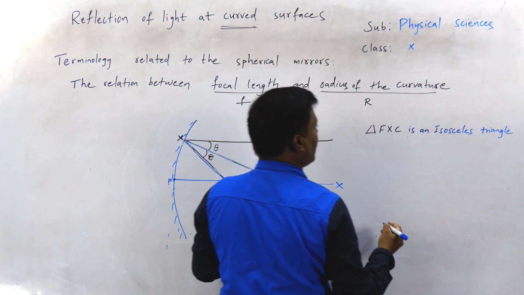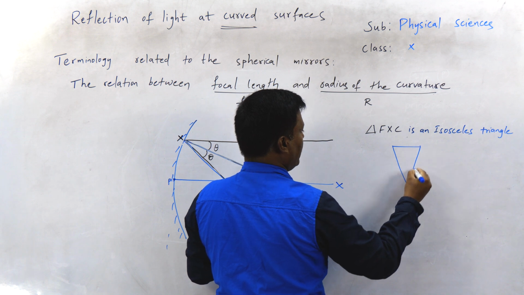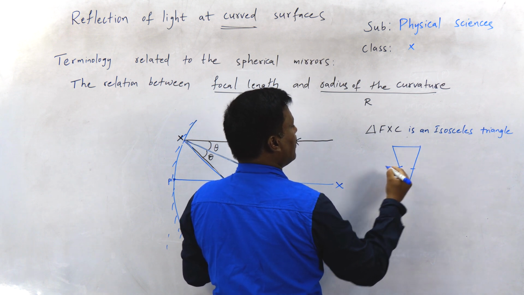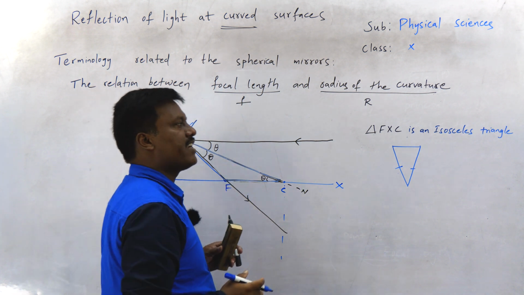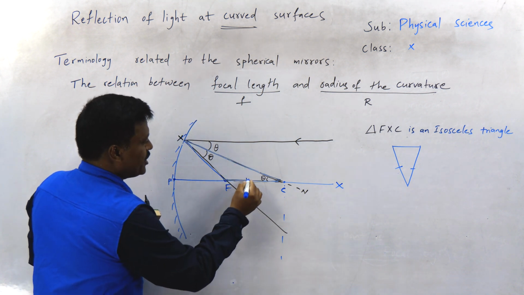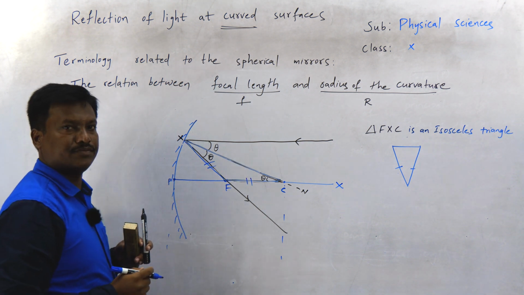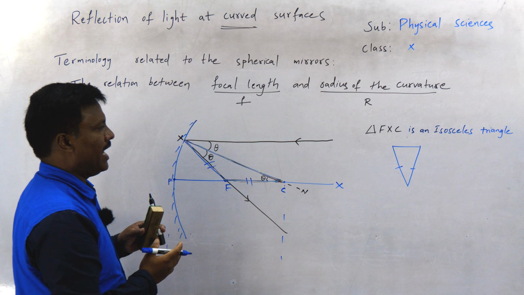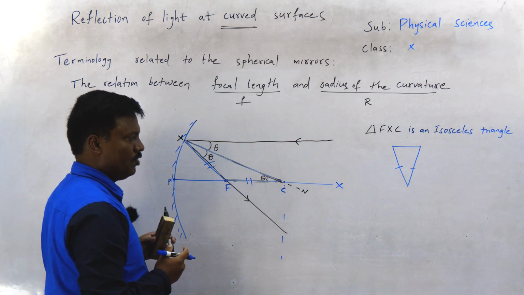What is an isosceles triangle in mathematics? A triangle has three sides. If two sides are equal, then that is called an isosceles triangle. If all sides are equal, that is called an equilateral triangle. Here, this particular side and this particular side, both sides are equal. That is why it is an isosceles triangle.